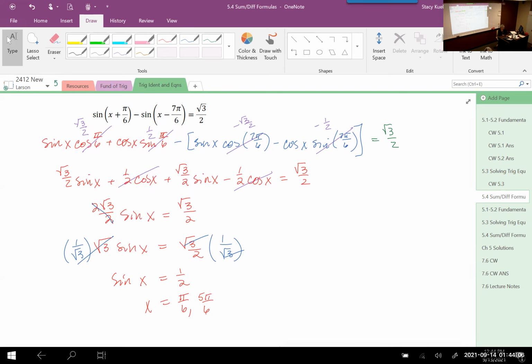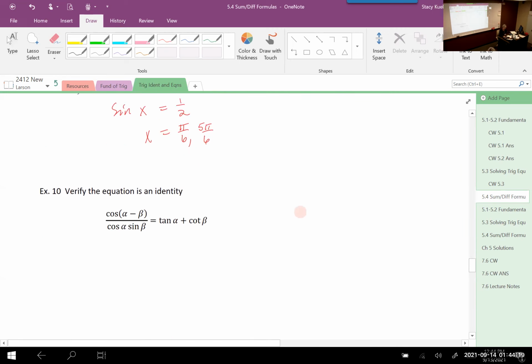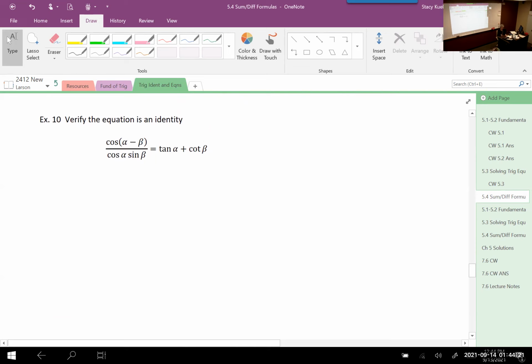All right. And the last one that we're going to do together is verifying an identity. So this says that I have the cosine of alpha minus beta over cosine alpha sine beta, and that's equal to tan alpha plus cotangent beta.